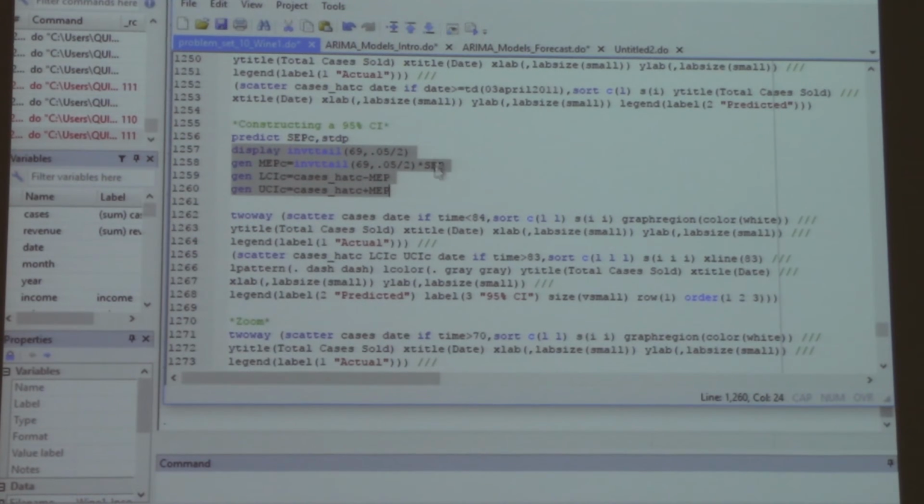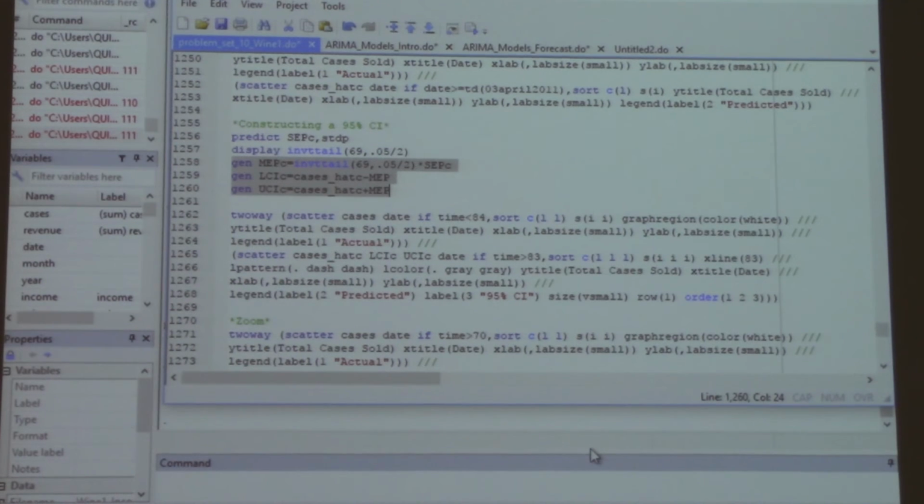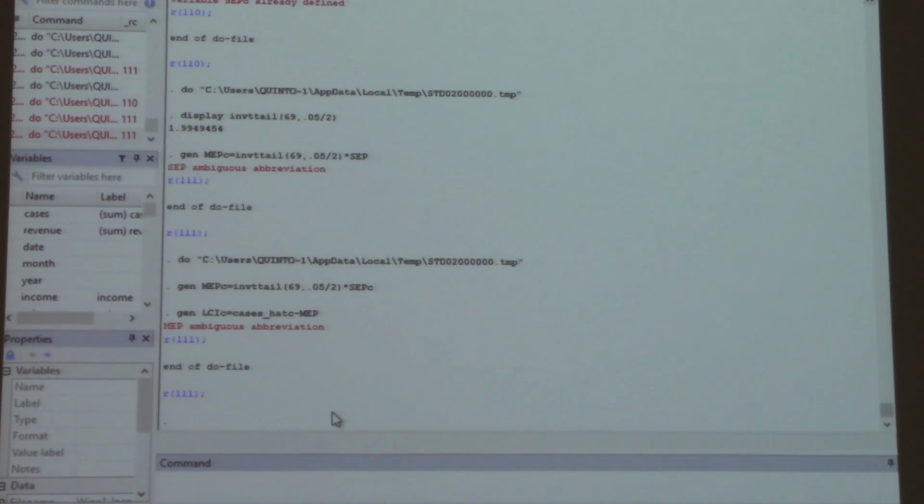Yeah, here it is. All right, you get the idea. You'll get confidence intervals and all that kind of good stuff.